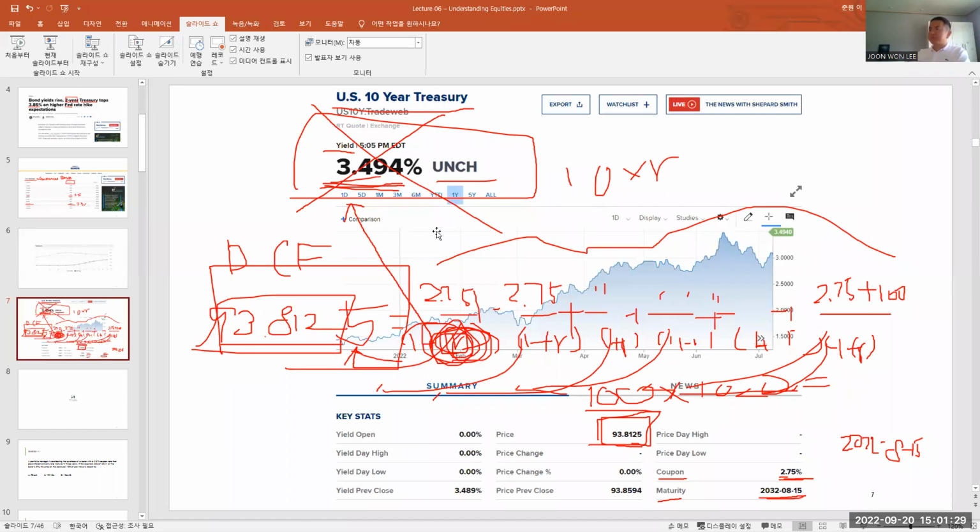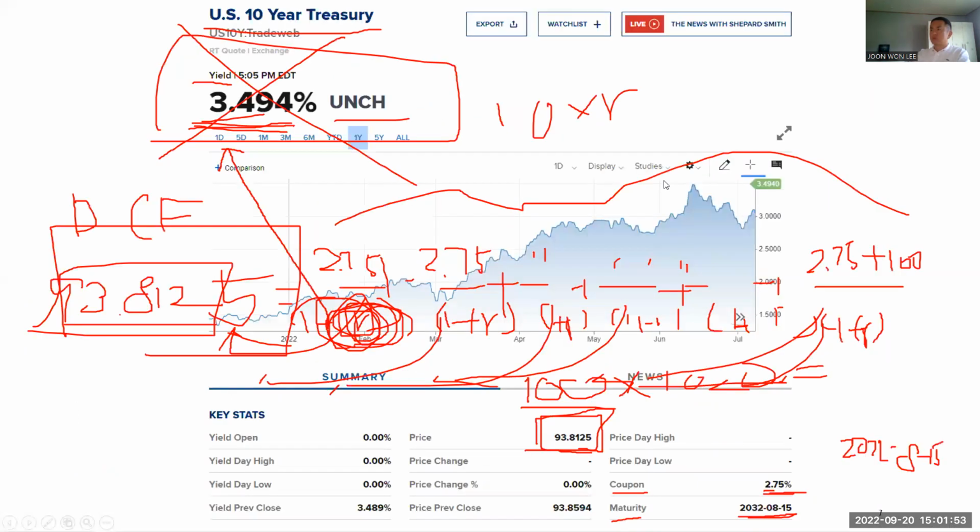Okay. Yeah, definitely. Just a minute. Okay, so this is a treasury bond, right?